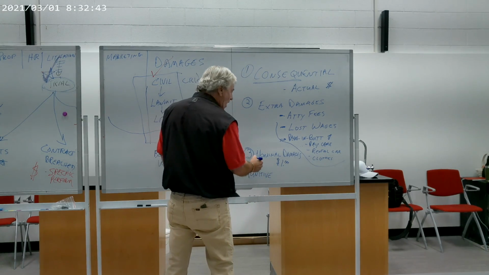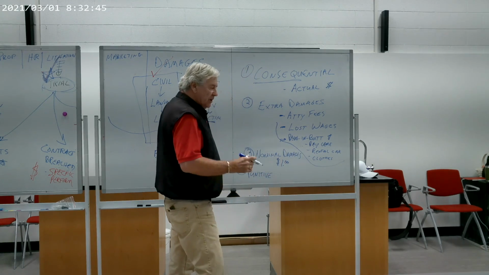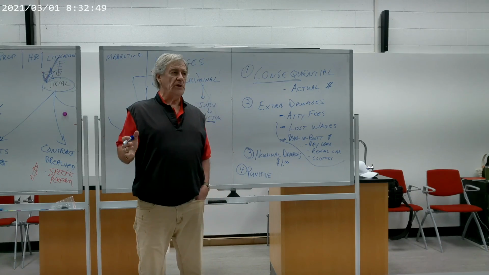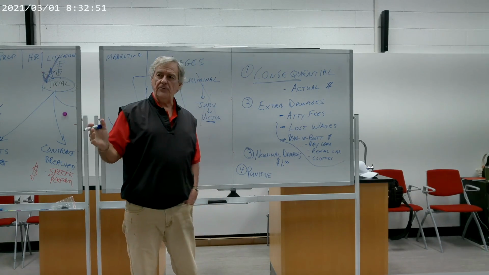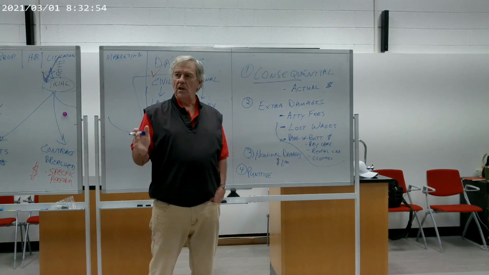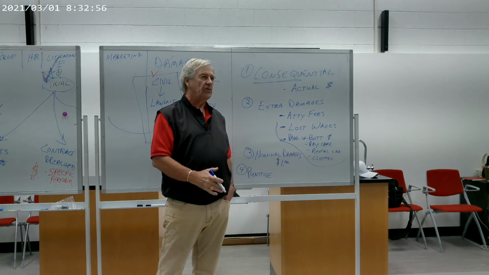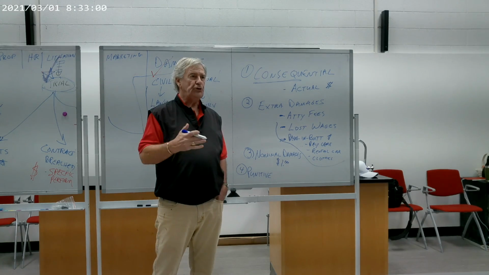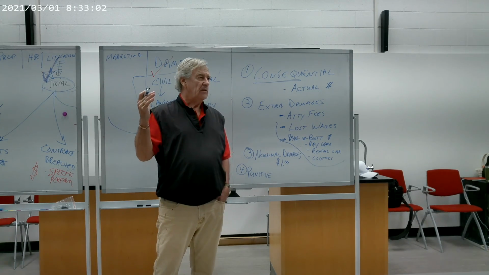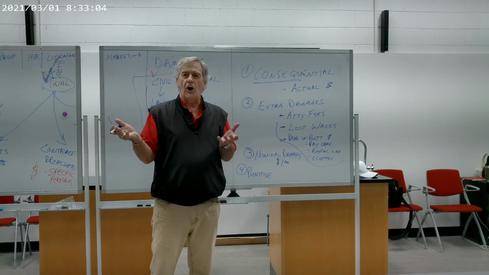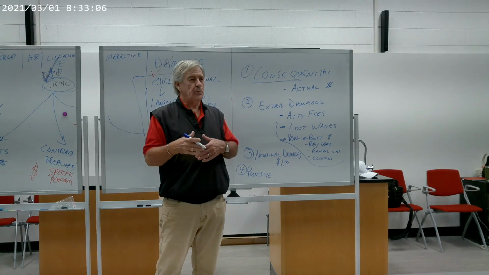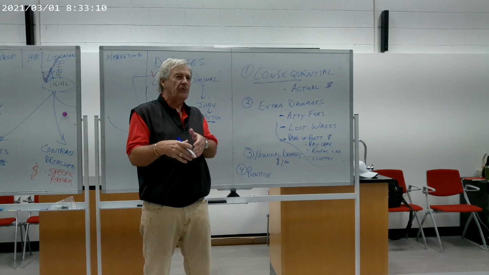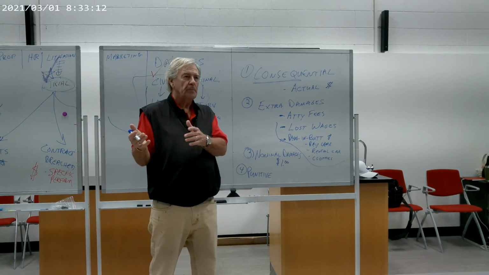Number 3 is nominal damages. It doesn't happen a lot, but it does happen where a jury will say the plaintiff wins, but we award the plaintiff $1. Maybe it's in a car wreck, and the jury finds out that both of them were at fault, but the plaintiff wins the case, that the defendant was more at fault than the plaintiff.